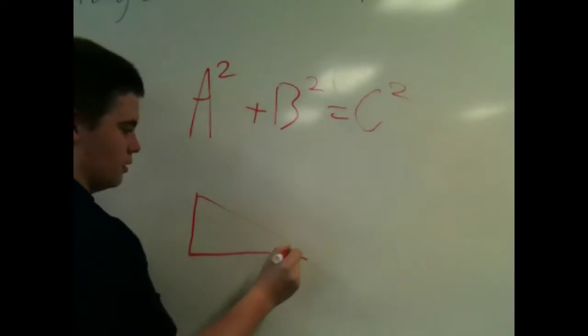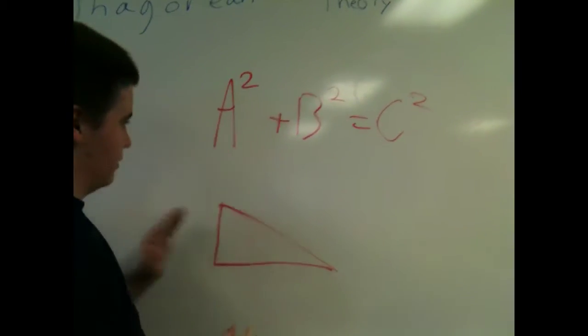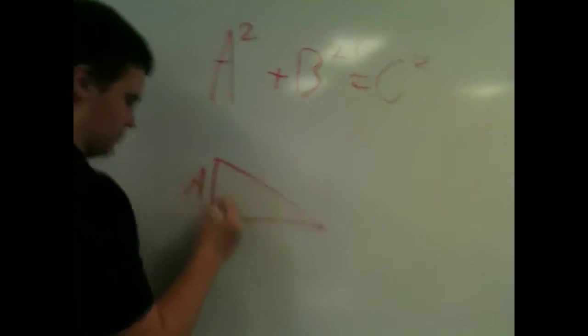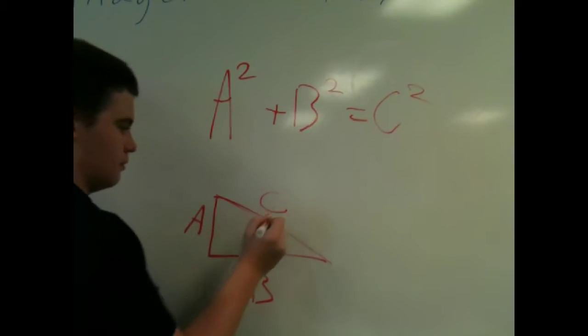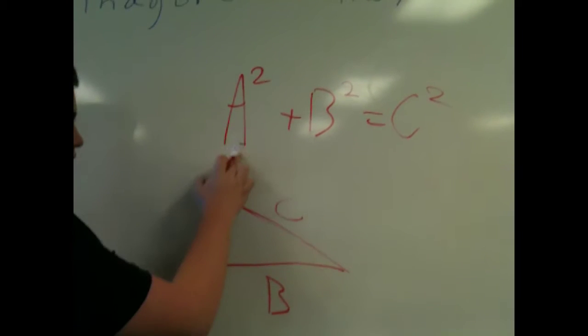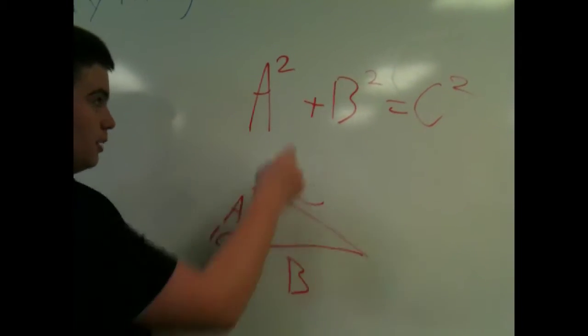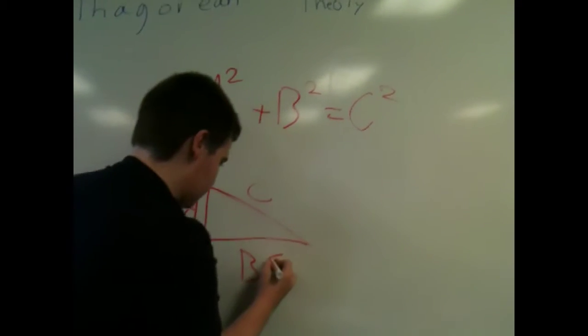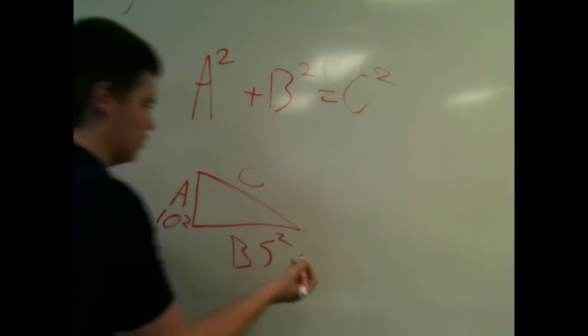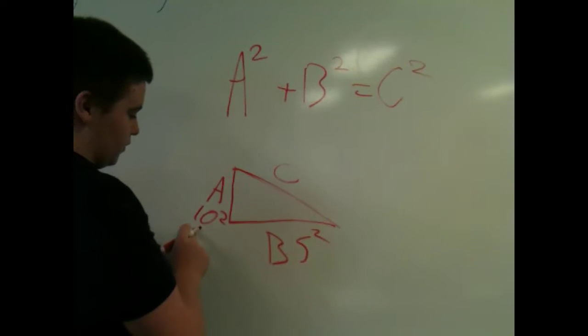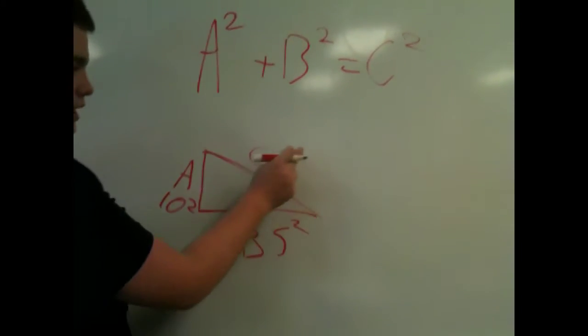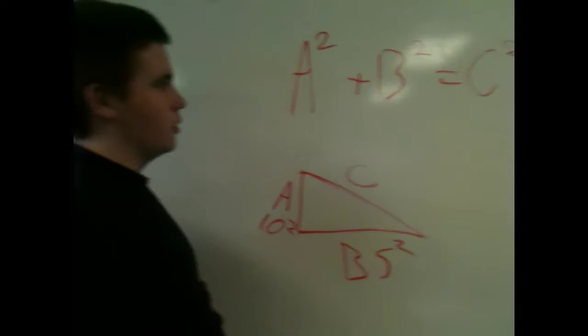You see, a triangle has three sides, which we label A, B, and C. According to this, a squared, let's say it's 10 squared, plus b squared, which is 5 squared, should equal c squared.